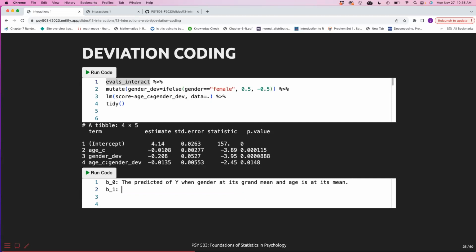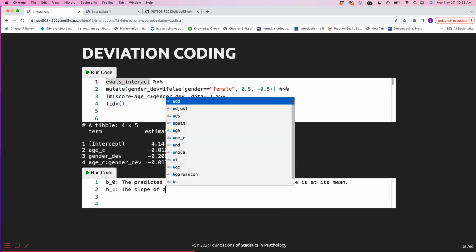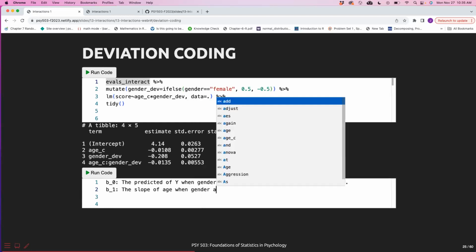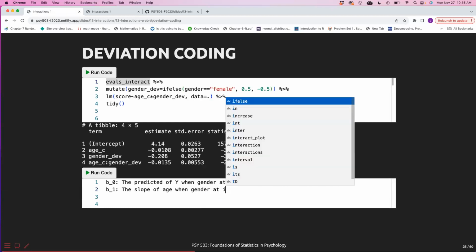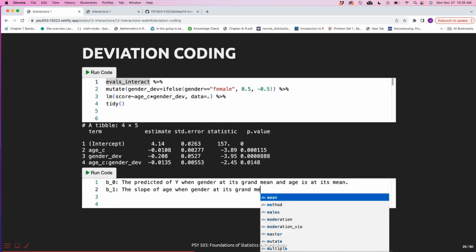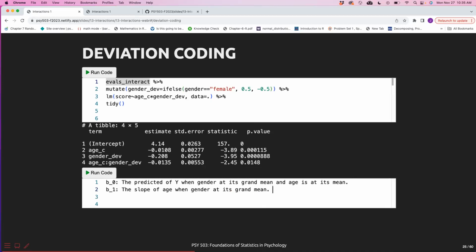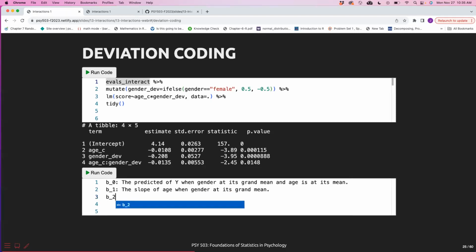B sub 1 is the slope of age when gender is at its grand mean. So this is the overall slope effect of age. B sub 2 is still going to be the offset or difference in the intercept. So nothing has changed here.